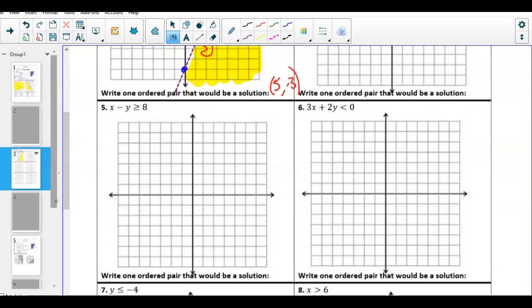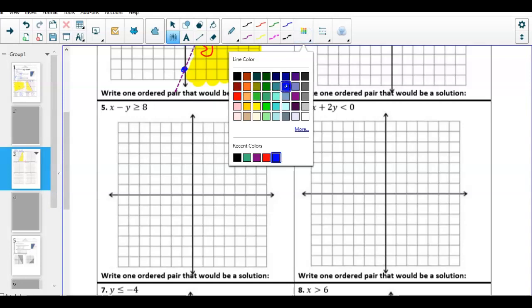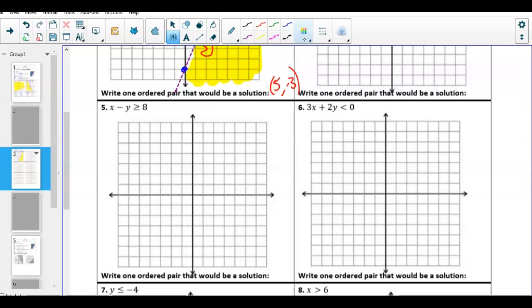Again, this is not in slope-intercept form, so we need to solve it and get it there. Negative y is greater than or equal to negative x plus 8. Here again, I am dividing by a negative, so my sign is going to change directions. And now I'm left with positive 1x minus 8.